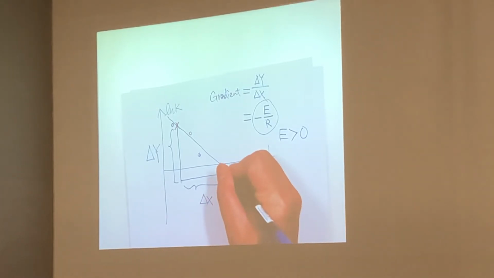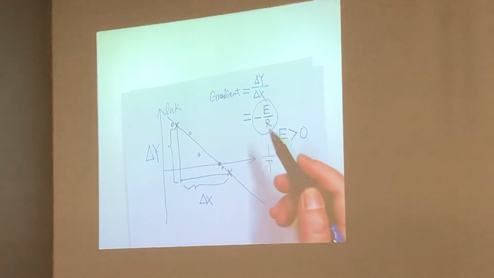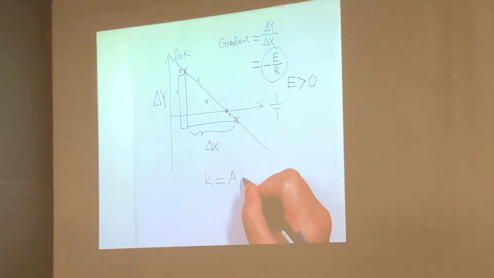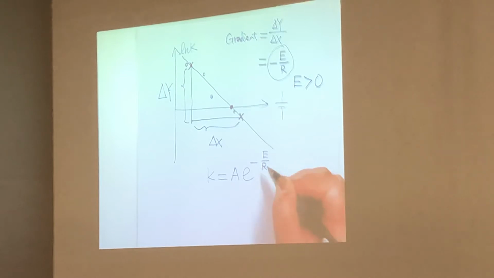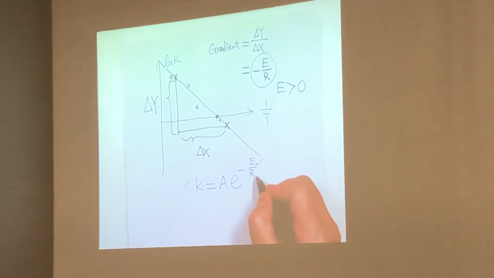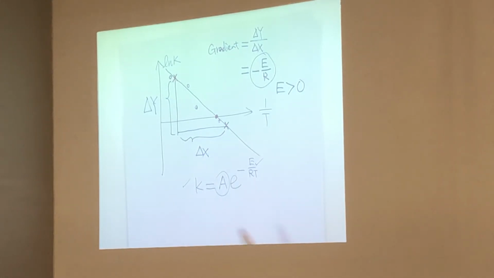You have one way: either find it from the point where ln k equals 0, or you substitute the values back into this equation directly. Now you have the k already, you have T, you have E already. Then you can find the A from this equation directly.